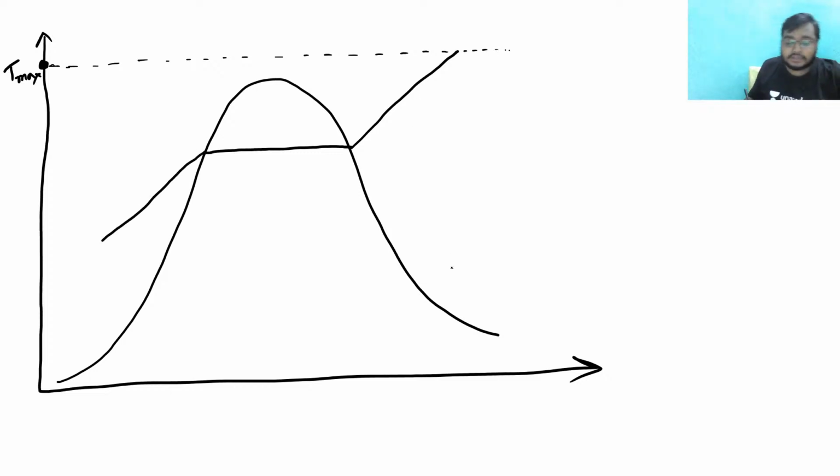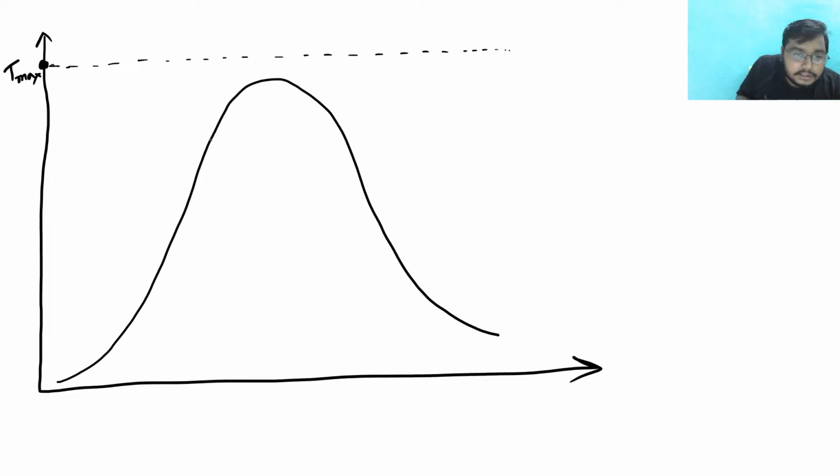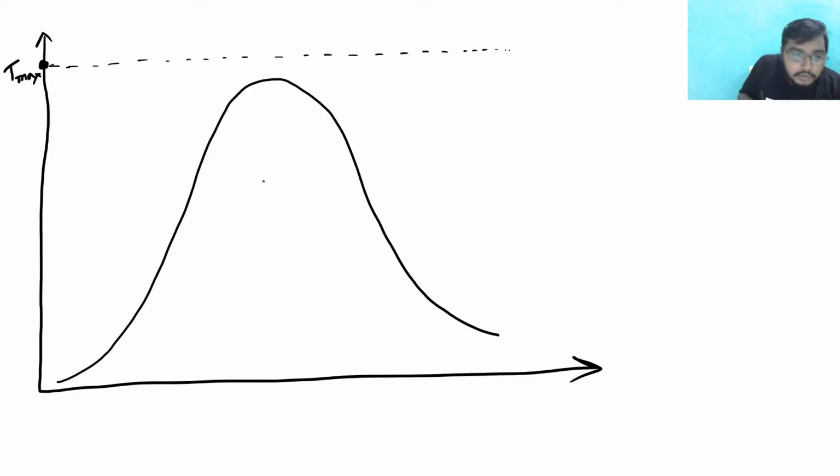So this is also fixed. Suppose like this, this is the boiler pressure and this is fixed. And here is the condenser pressure.